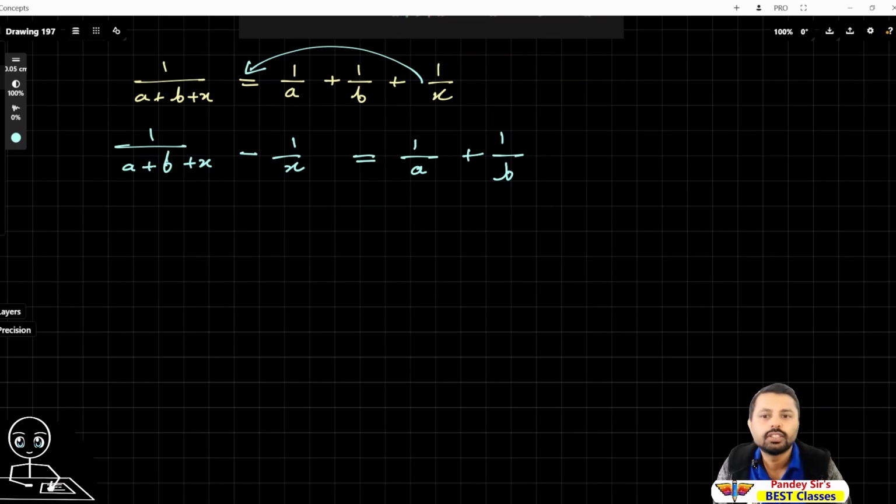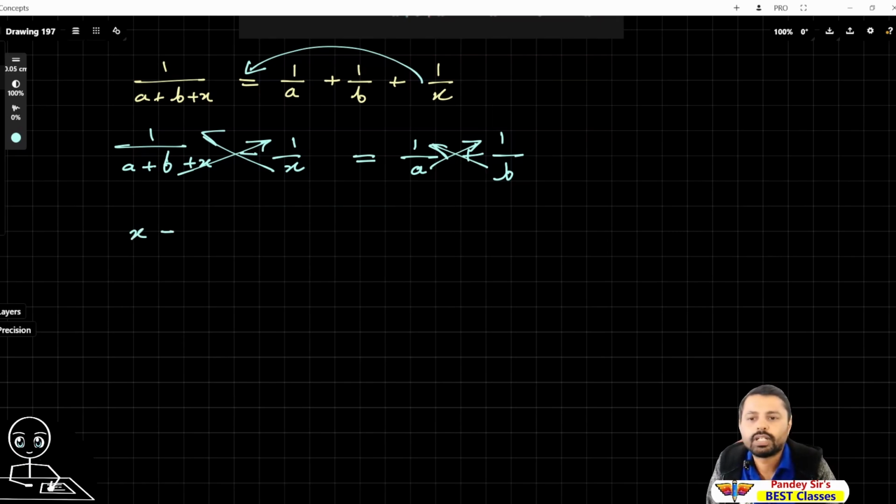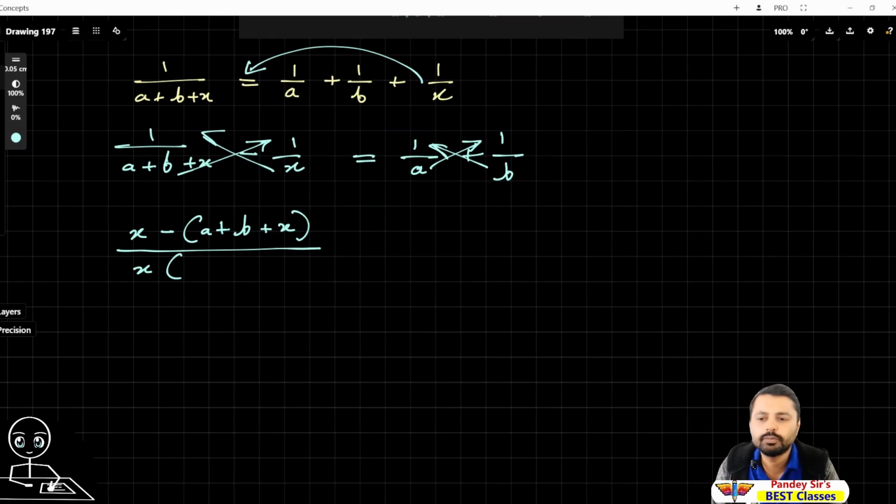What we do is we take LCM here, and here also we'll take LCM now. So x minus a plus b plus x in the numerator, and in the denominator x in bracket a plus b plus x, equal to this LCM thing.